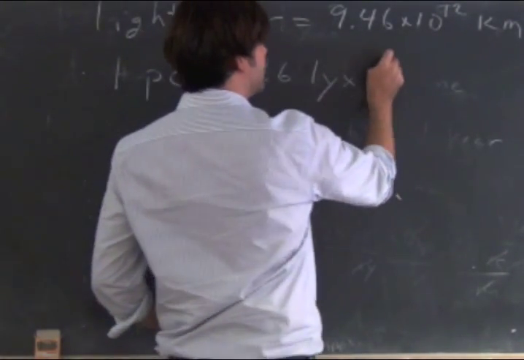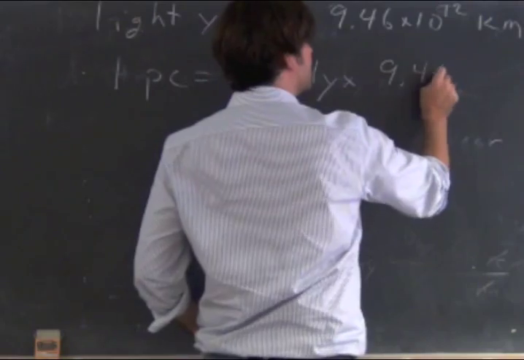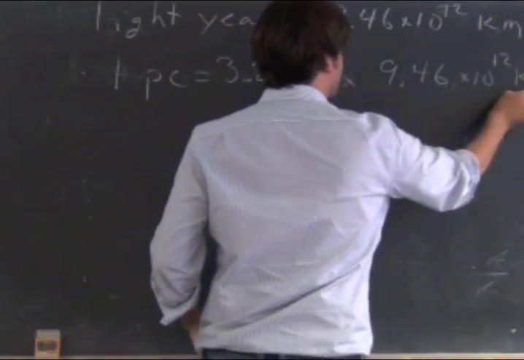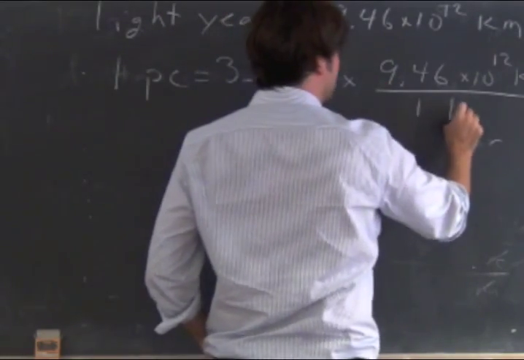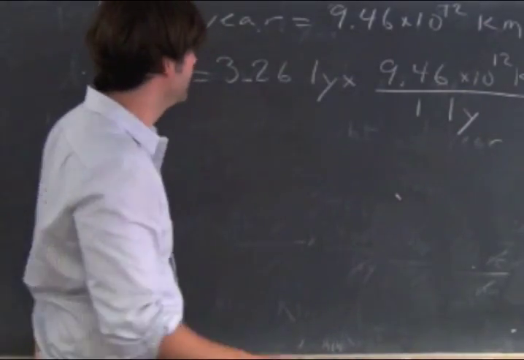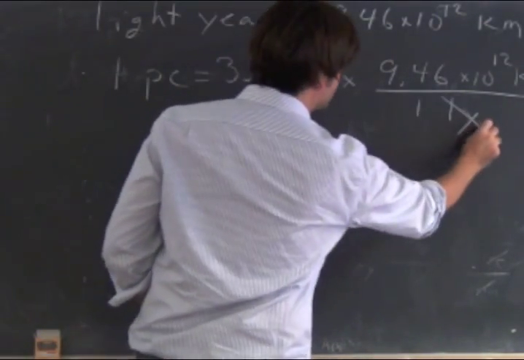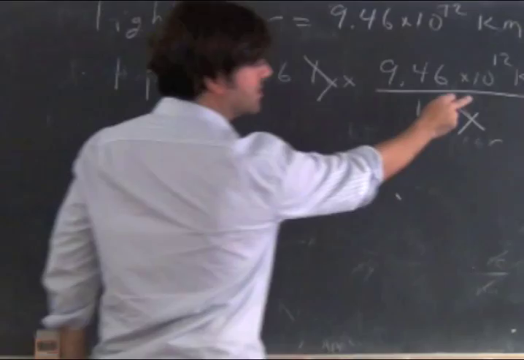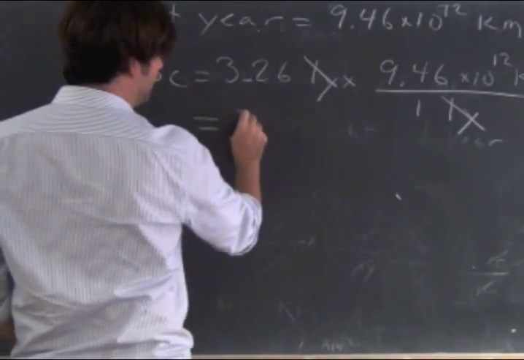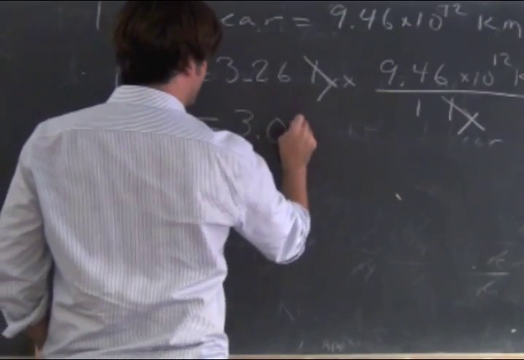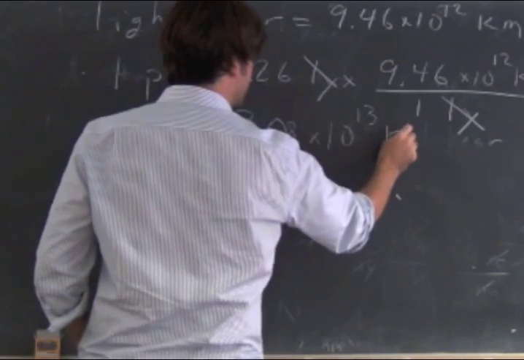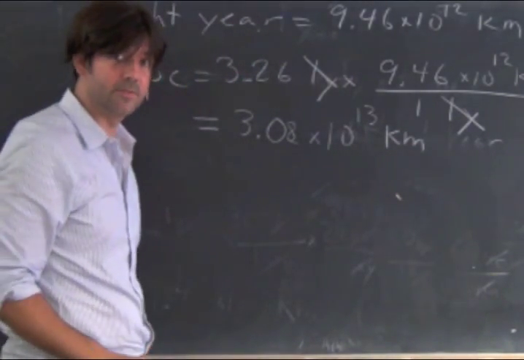But I just found that 1 light year was 9.46 times 10 to the 12th kilometers. So I can multiply this by 9.46 times 10 to the 12th kilometers divided by 1 light year, because these are the same, so I'm again just multiplying by 1. Cancel off the light years, and I'm left with just kilometers as my unit, and as a final answer, I get 3.08 times 10 to the 13th kilometers.